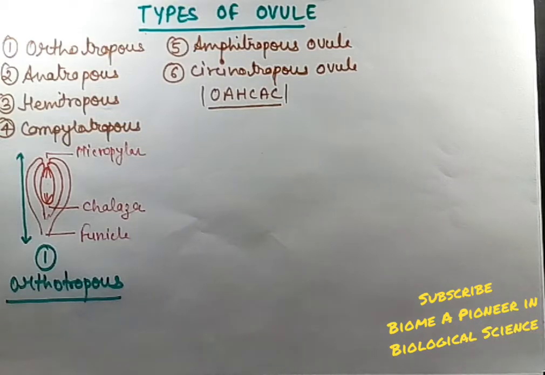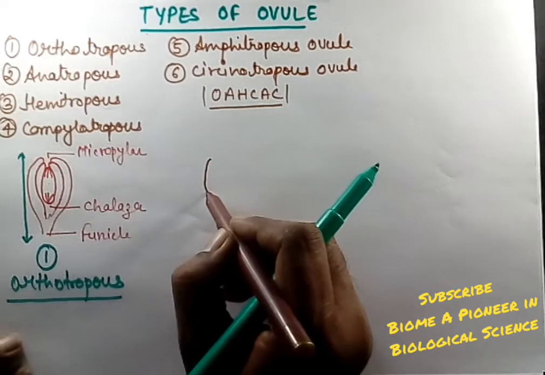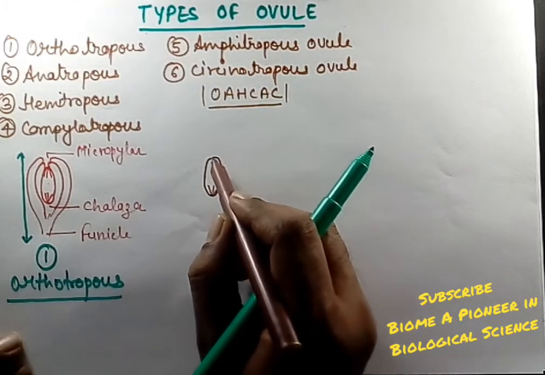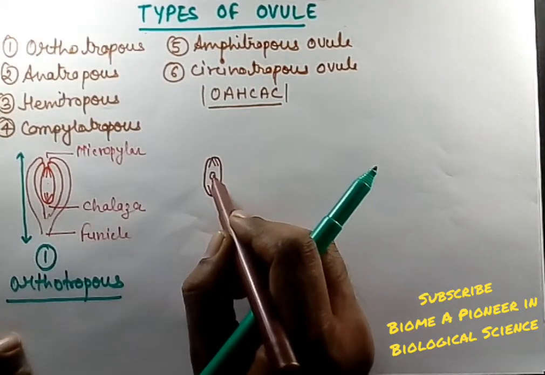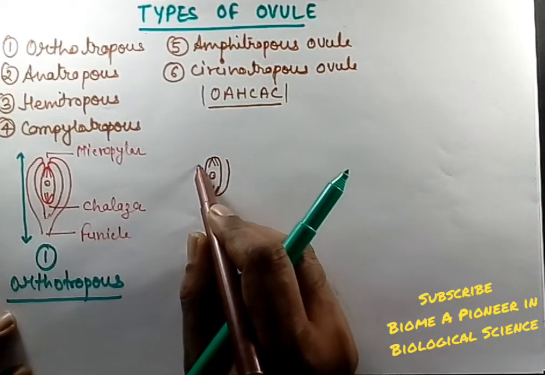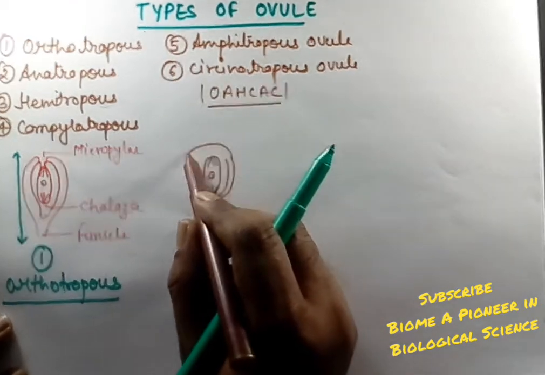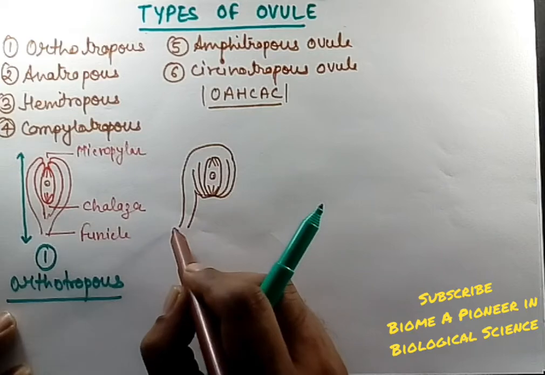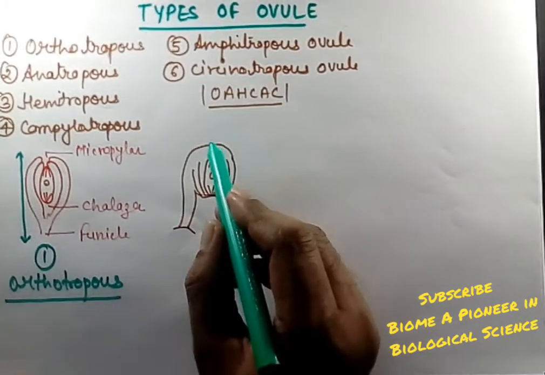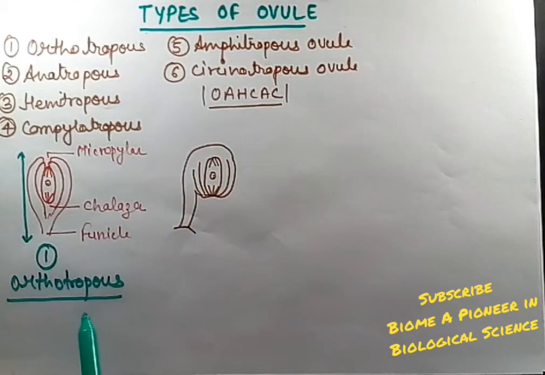Now what is the second? In the case of the second, this is the embryo sac, antipodal cells, synergid cells, and this is the integument. What you find is that micropyle and chalaza are in the same direction, but the funicle is in a different direction.